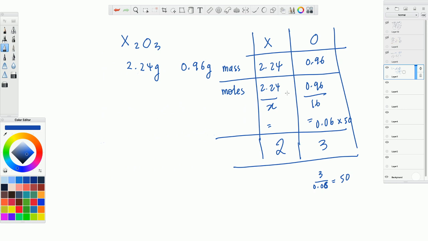That means whatever answer you had here, 2.24 over x, times 50 equals to 2.